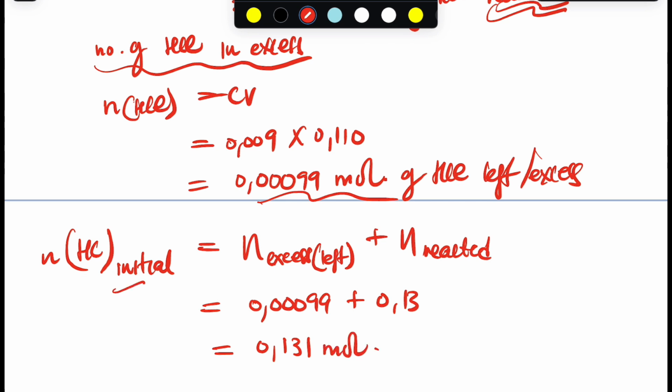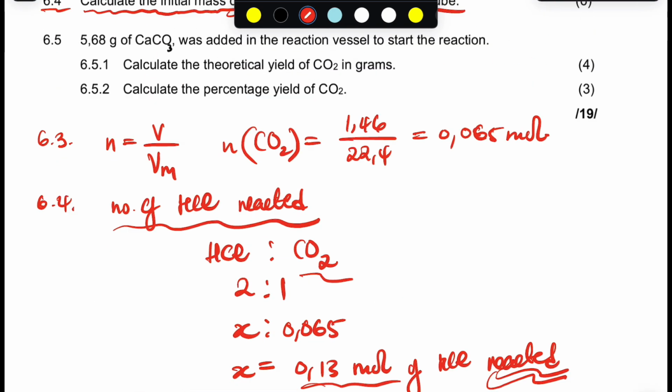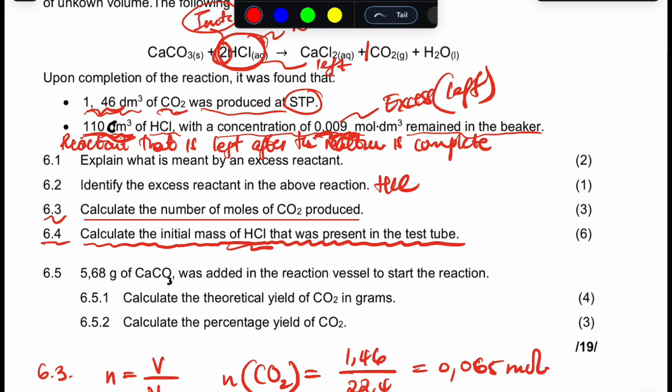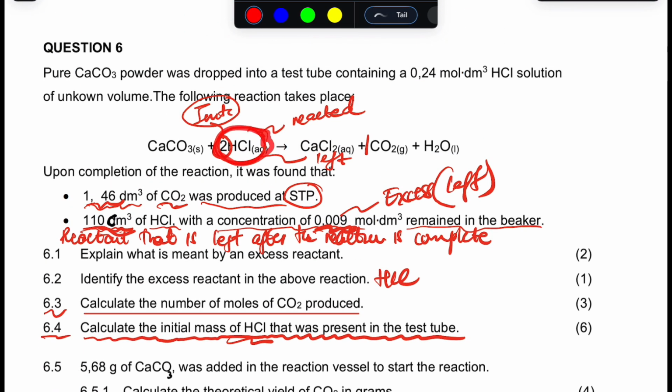These are the initial number of moles. This is the number of moles that was available when it reacted with this one, and this one was used up completely, and from this one the amount reacted was taken, and the amount left is the one that we're given there.